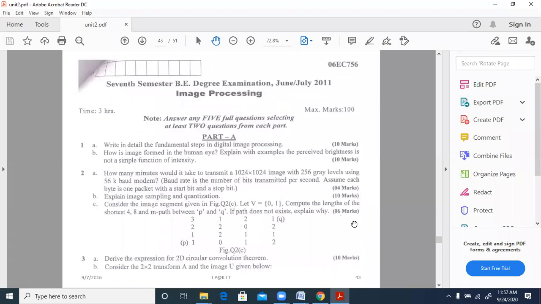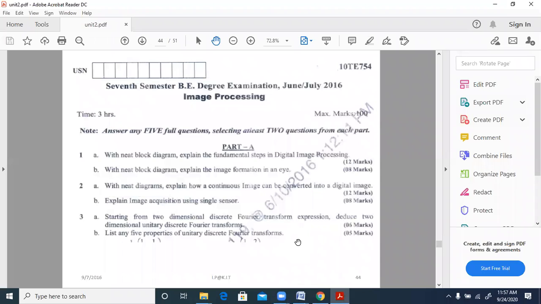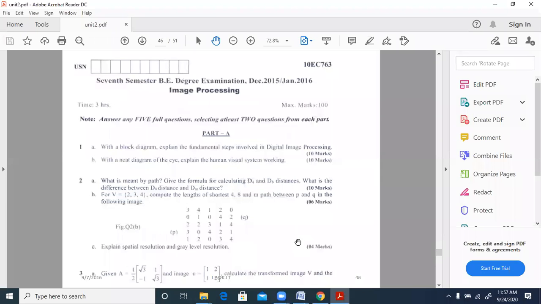Similarly, you have here one more exercise. I think it might be the same as what we might have solved. Just check it up. If it is the same, there is no point in doing that. If it is different, you can try to solve it. Again, one more numerical is given where the vertices are 2, 3, 4, and 0 and 1 are not there within that, for 4 path, 8 path, and yum path.